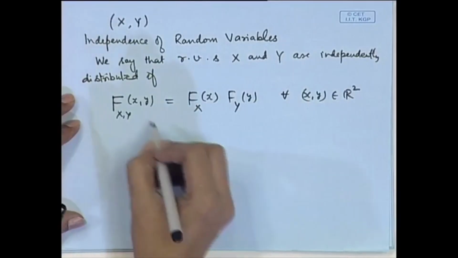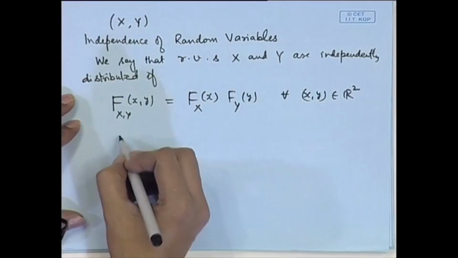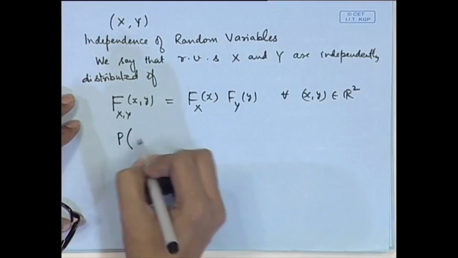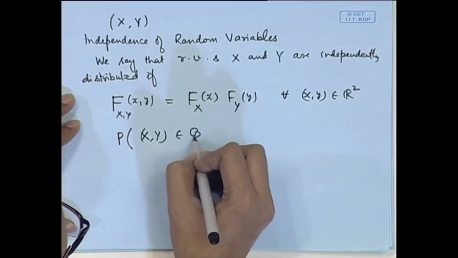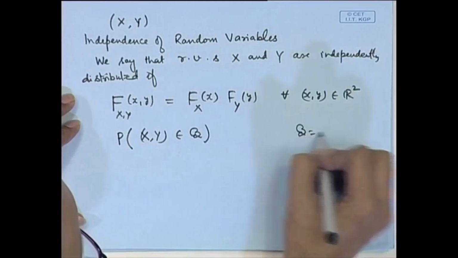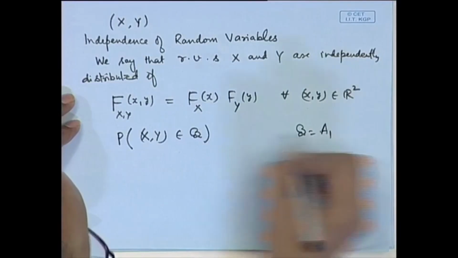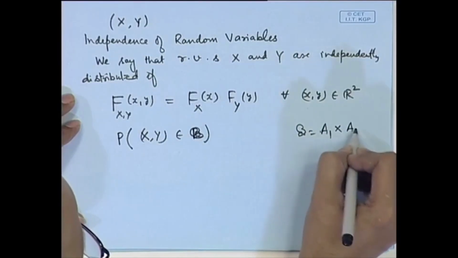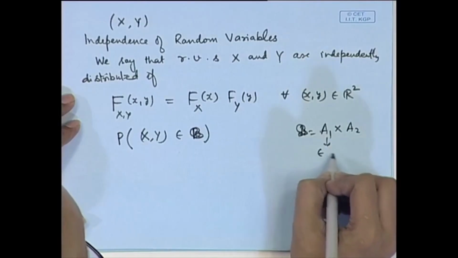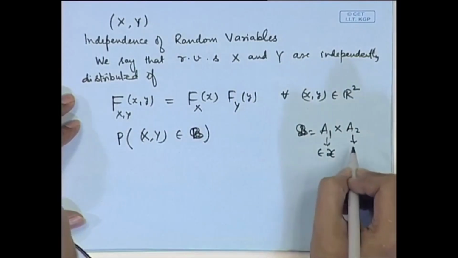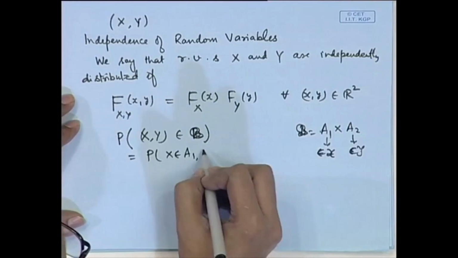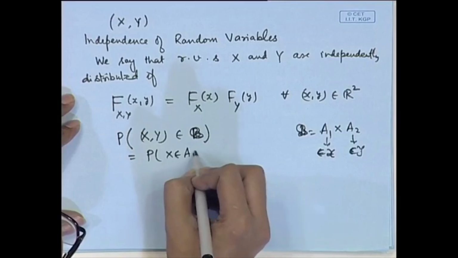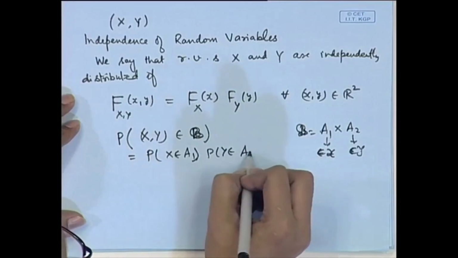So, basically if we do not make use of the CDF, we should be able to say that if we are considering a set B in the two dimensional plane which can be expressed as a product of two sets A1 and A2, where A1 is in the space of x values and A2 is in the space of y values, then the probability should be equal to probability of X belonging to A1 times probability of Y belonging to A2.